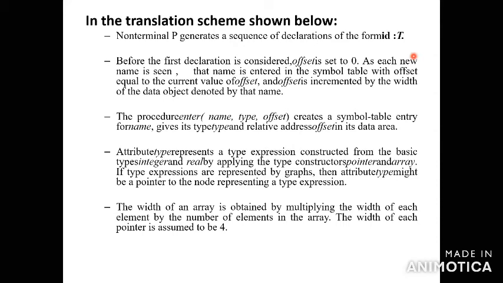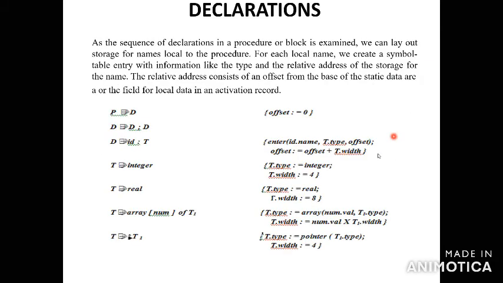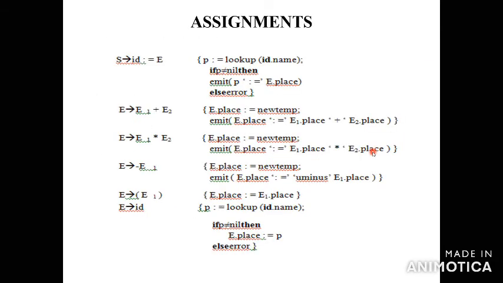The name is entered into the symbol table entry with the offset value of 0 and the data type, either integer or real. Integer means the width is 4, real means the width is 8. So this is the first programming language construct in intermediate code form, the declaration statement.